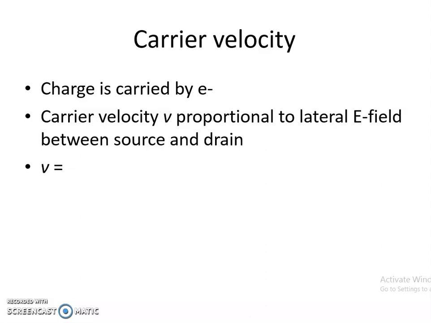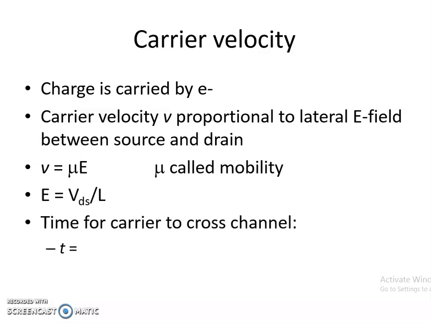Charge is carried by the electrons because the majority charge carriers are electrons. So carrier velocity V is proportional to the electric field intensity between source and drain. Velocity can be given as mu into E, where mu is called the mobility of the electron and E is the electric field developed across that channel. So E can be given as VDS by L, where VDS is the voltage across that channel divided by the length of that channel.